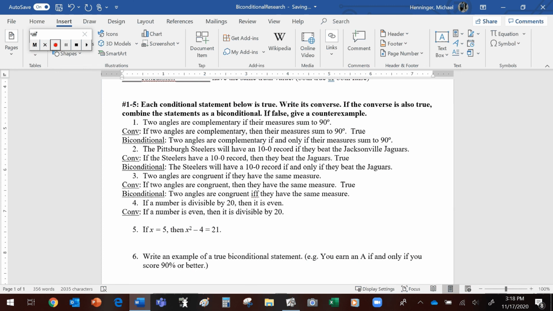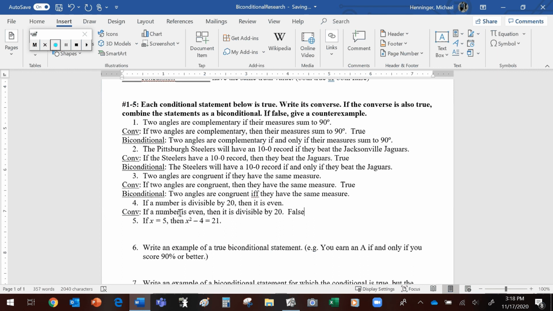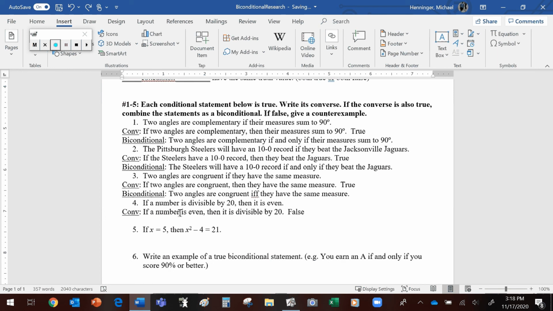And what do we think? Is this true or not? You think of your even numbers. Well, even numbers, you've got 20 is divisible by 20, 40 is divisible by 20, 100 is divisible by 20. But how about something like 4? Okay, that makes this false. Okay, so a counterexample is 4, is even, but not divisible by 20.